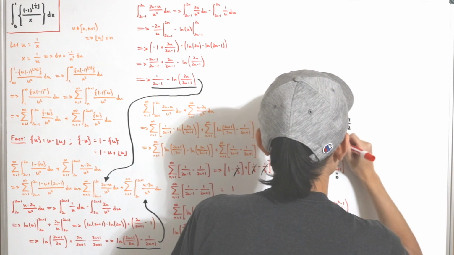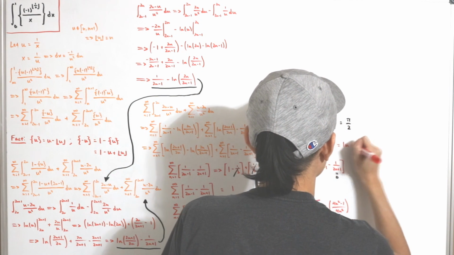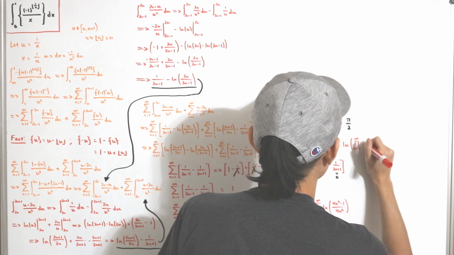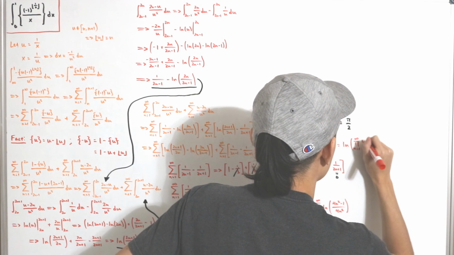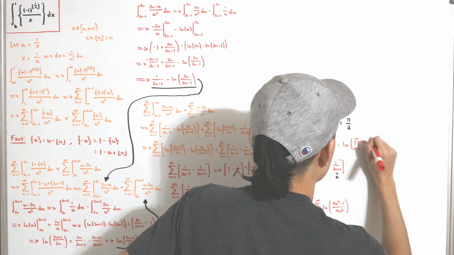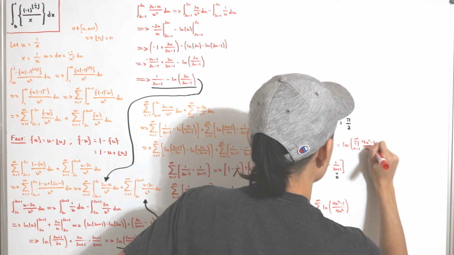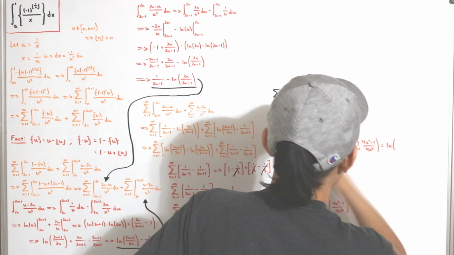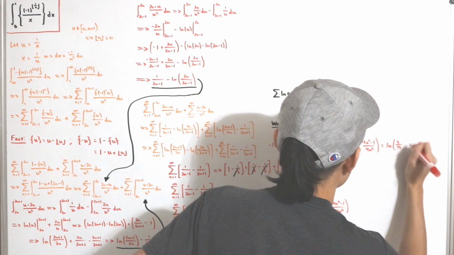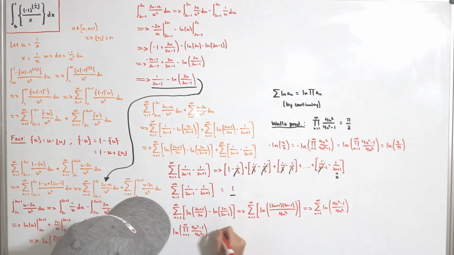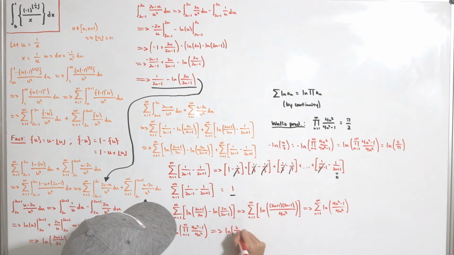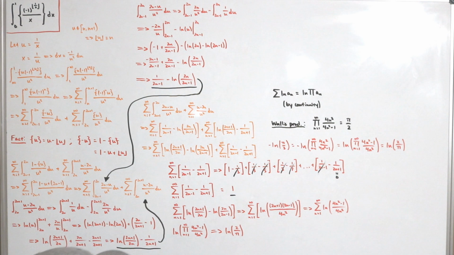But if I just put the negative out here, then that means this is just ln of the product series from n equals 1 of 4n squared minus 1 divided by 4n squared. And simply that's just ln of its reciprocal, so it's ln of 2 divided by pi. Okay, cool. And I'll just underline that.